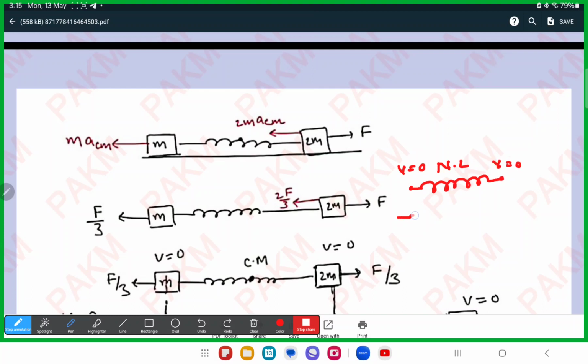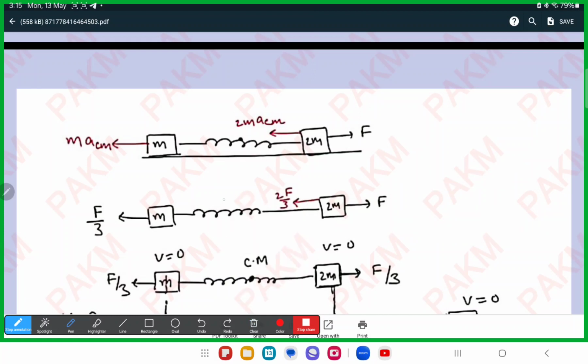And when it gets extended up to the maximum extension, once again the velocity will be zero. So this concept we will be using with respect to the center of mass.